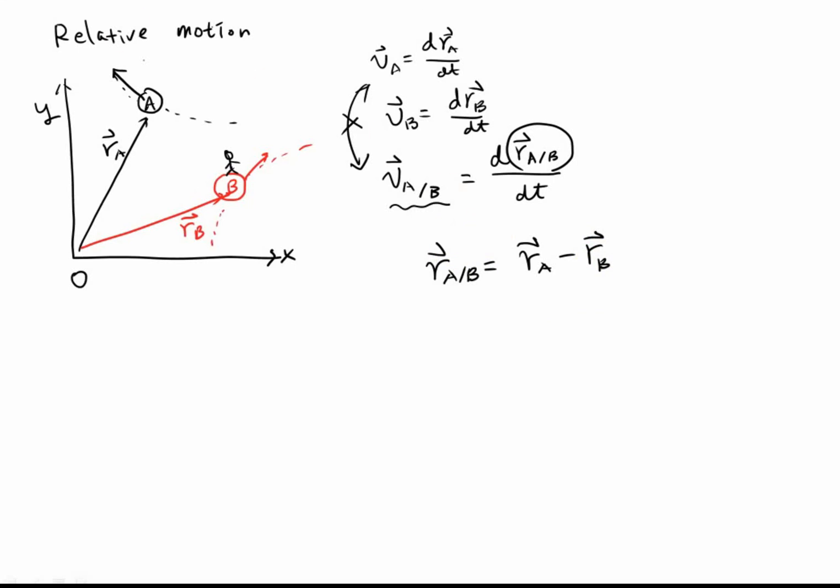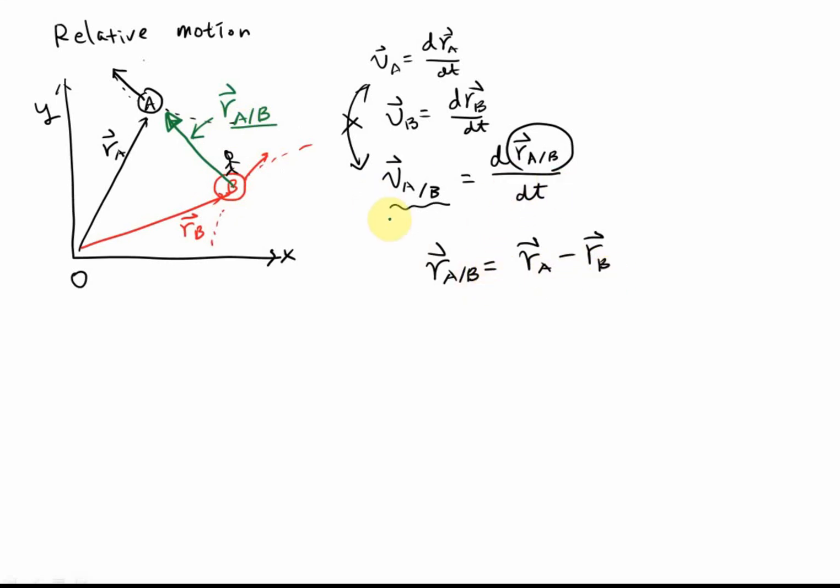Because if you look at this vector, this vector is RA with respect to B. If you add RB plus RA with respect to B, that becomes RA. So your RAB is equal to RA minus RB.